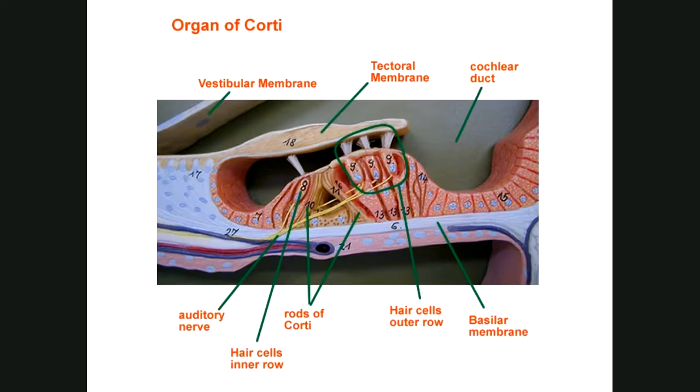There are those hair cells. There's the basilar membrane right there. This is where we're going to get ups and downs. And if it gets ups and downs here, this is what's going to get bent. We're going to get an action potential, and the action potential is going to travel down the axon and go to the brain. And the brain will then interpret those sounds.